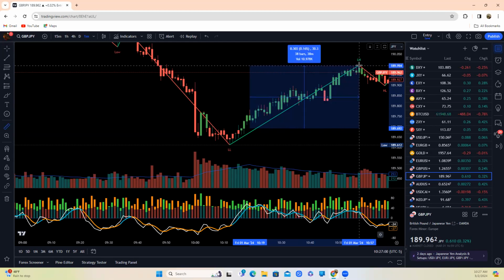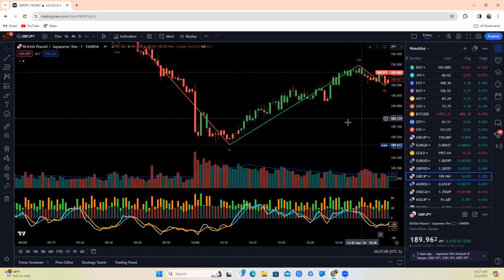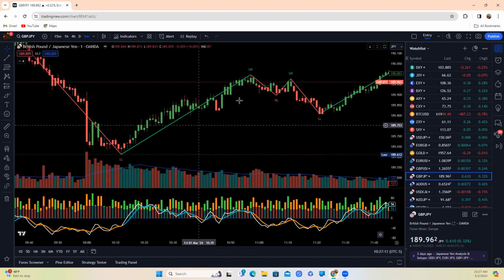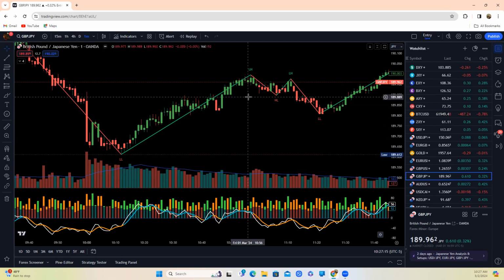So this was a good 30 pip move out of this particular move right here. That's a 30 pip move, and I'm pretty much done for the day. I got 30 pips out of the market, so I'm good. No need to put another trade in. I'm successful for the day.